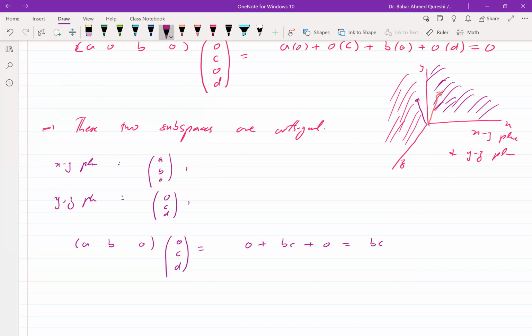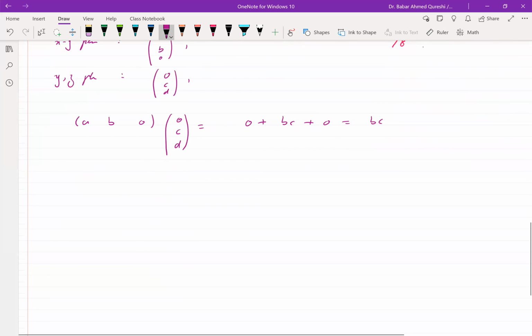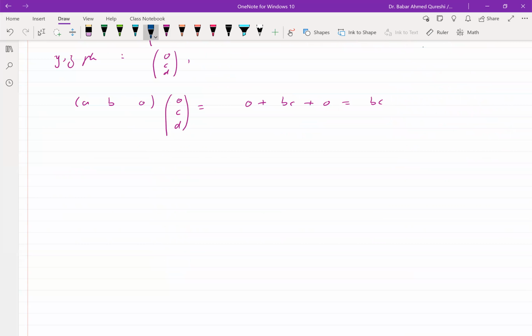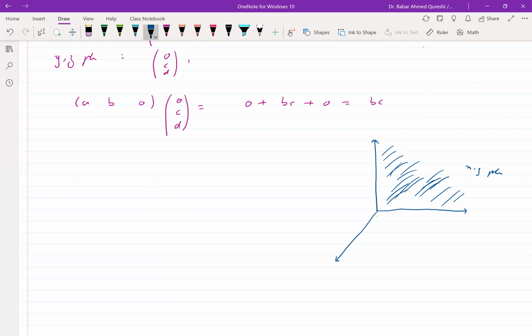Now, geometrically speaking, as I said, this idea of using geometry to discover theorems is very powerful. So if I look over here and think about this example, that I have this subspace, xy plane, and I have this subspace, the z-axis.